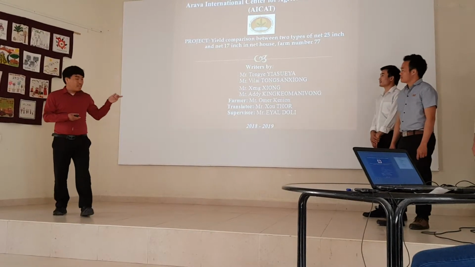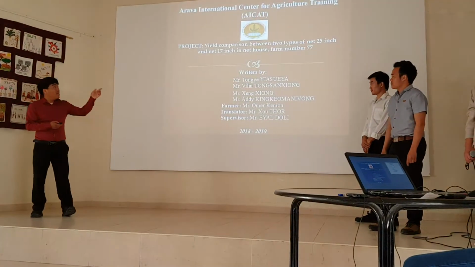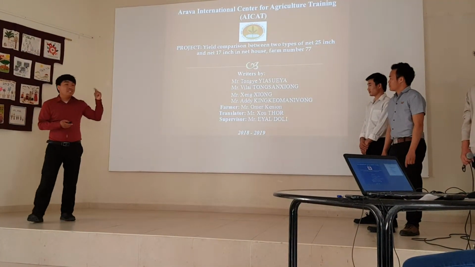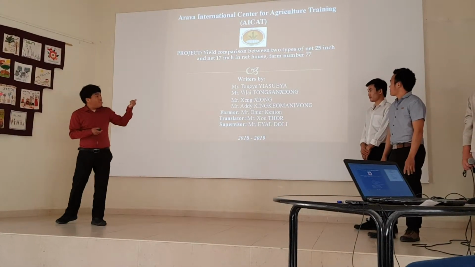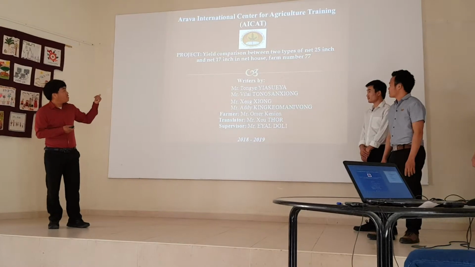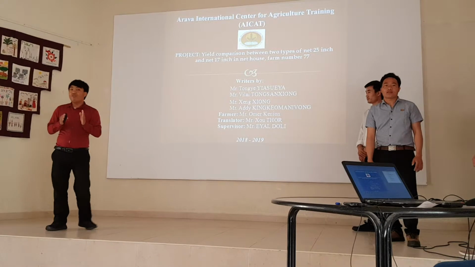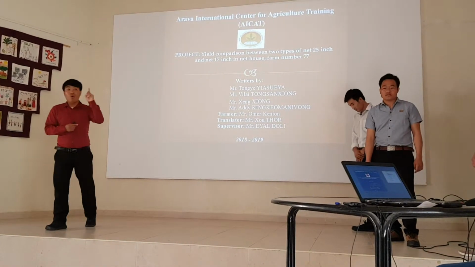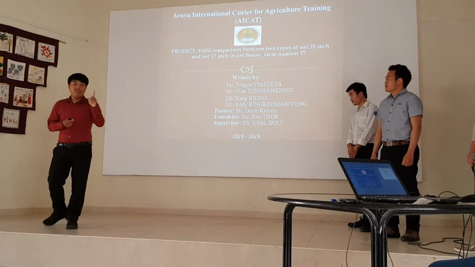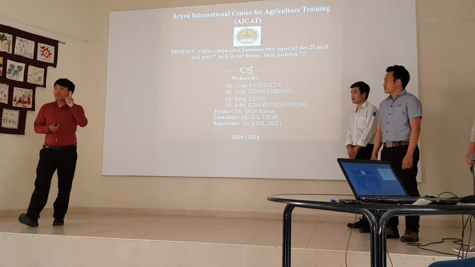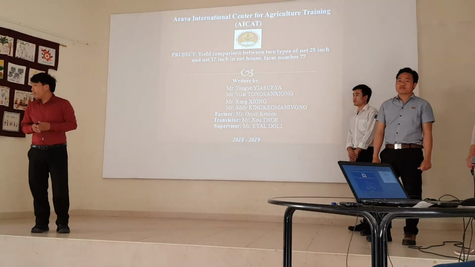But before we start on the details of the data, let me explain a little bit about neck 25 inch and neck 70 inch. What does it mean? They follow this formula: 1 inch equals 25.4 millimeters.